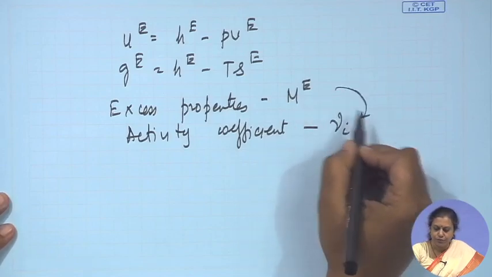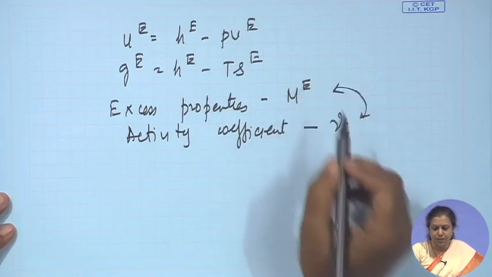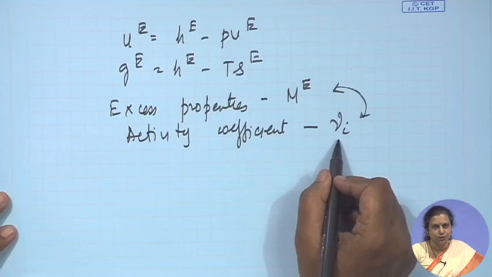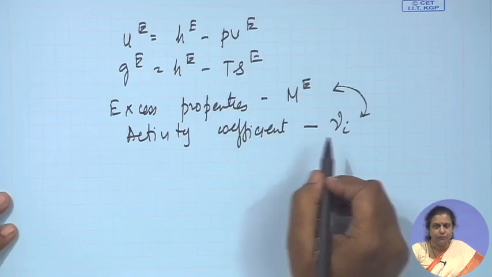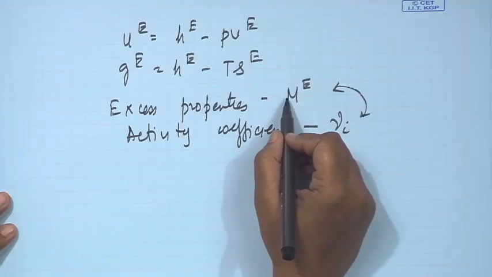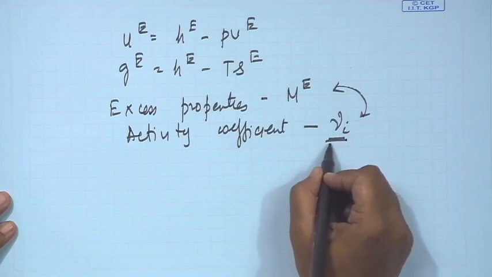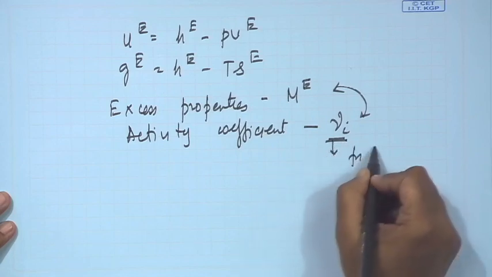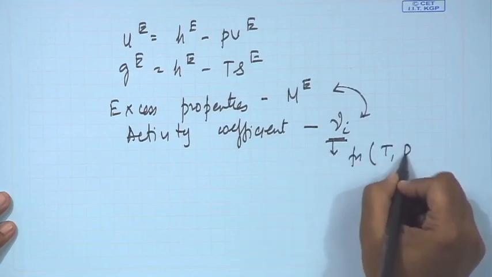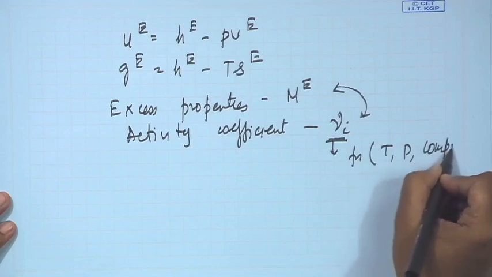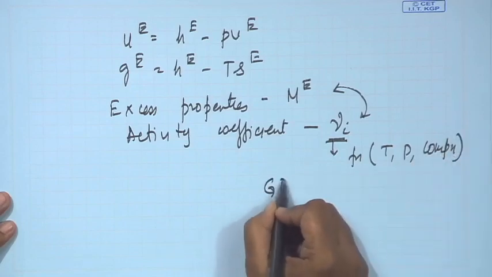So, there should be some relationships between the excess properties and the activity coefficients. In the next class we will try to establish relationships between activity coefficient and excess property, and since we have defined a new property gamma I, we would like to find out how gamma I varies with temperature, pressure and composition.